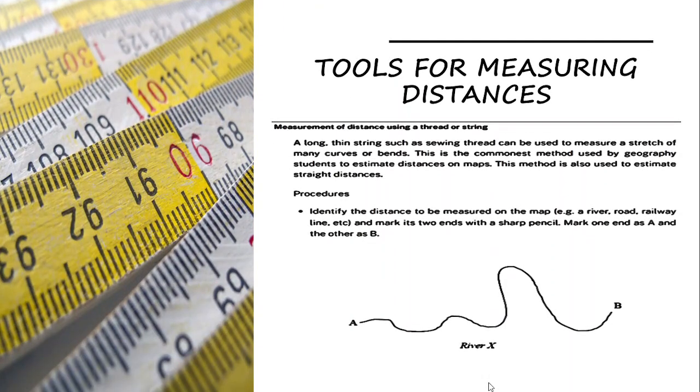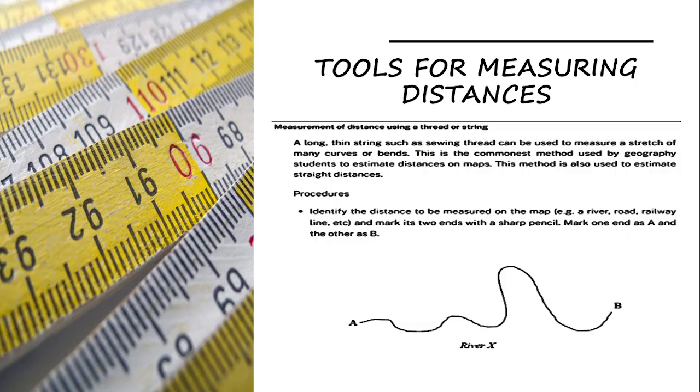We'll start with the first way of measuring distance, by using thread or string. A long thin string such as a sewing thread can be used to measure a stretch of many curves or bends. We said that distances on the maps can either be straight or curved. Now a thread or a string can be used to measure distances that are curved or have bends.